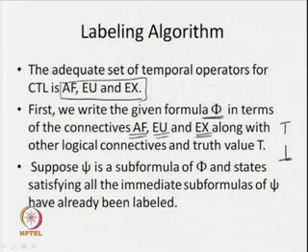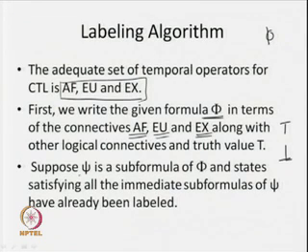So, if we are given any CTL formula phi, first we express it with the help of these 3 operators, because we know the equivalences in CTL. Now, suppose psi is a sub formula of phi.